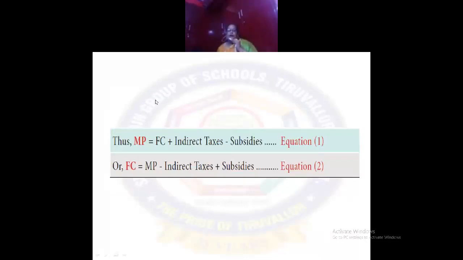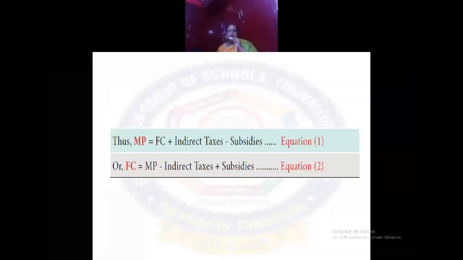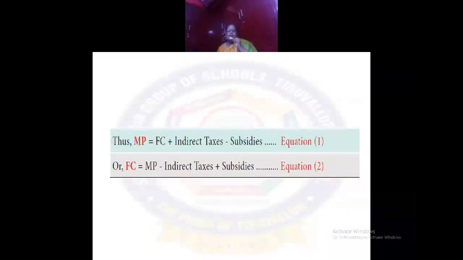The formula for finding out MP, market price, is nothing but FC plus indirect tax minus subsidies will get MP. If we wanted to get FC, MP market price minus indirect taxes plus subsidies. It has been given easily in equation.